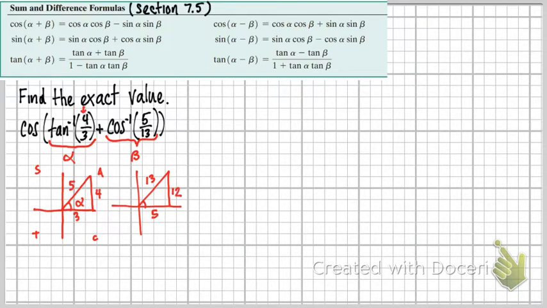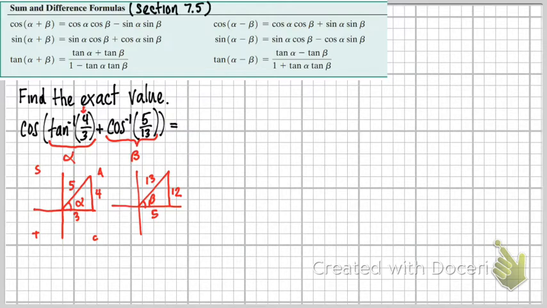Okay, so the angle measures actually do not matter here, because I'm just going to go with the formula for this. Let's just take a look at what that means, because really we're looking at the cosine of alpha plus beta. Okay, so that's really what we're looking at here.